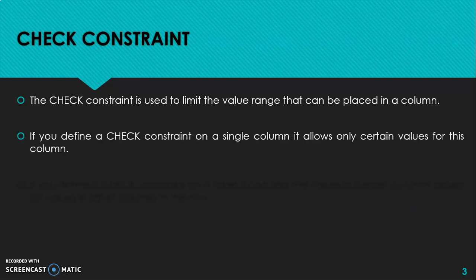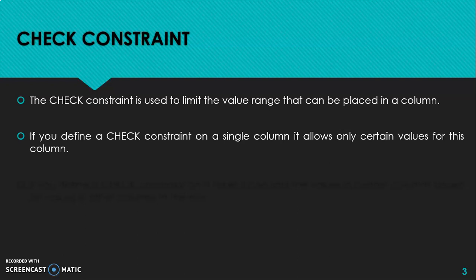If you define a check constraint on a single column, it allows only certain values for this column. For example, a percentage is a positive value, the marks scored by a student.